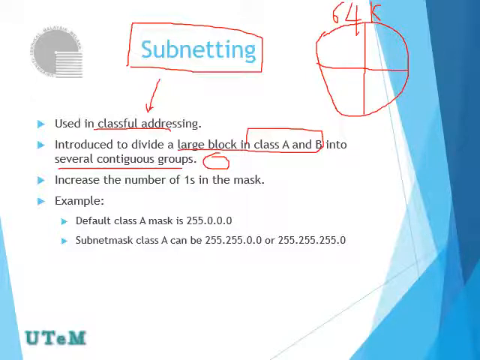When we have divided into several subnetworks, they are in different networks. Let's say this is subnet 1, subnet 2, subnet 3, and subnet 4. You divide into 4 subnets. When they are in the same original network, say you have two hosts here, they can communicate directly without the use of a router.